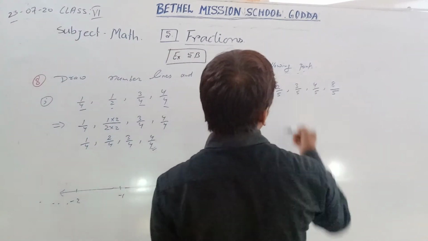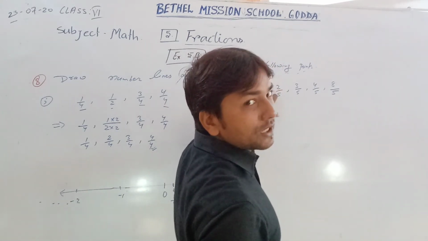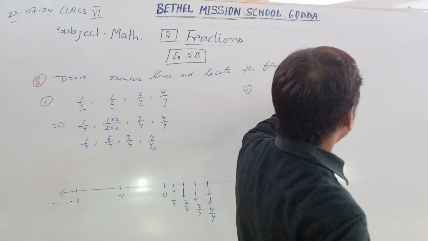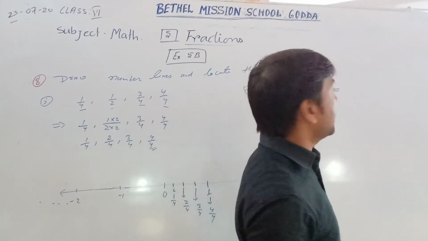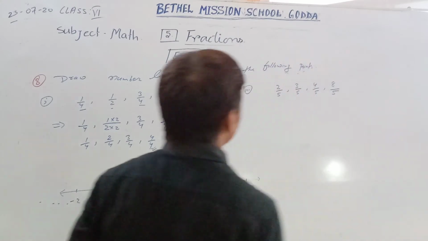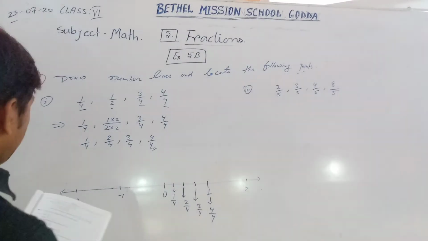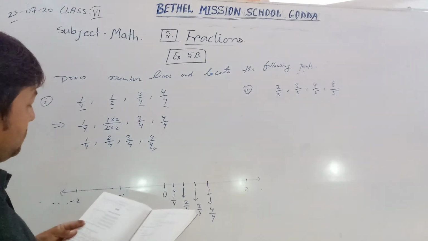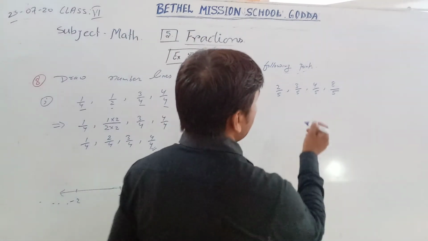Also when you divide 2 by 5, you will get a value less than 1. Also here, less than 1. This is less than 1, but this one is not less than 1. So how will you find that?